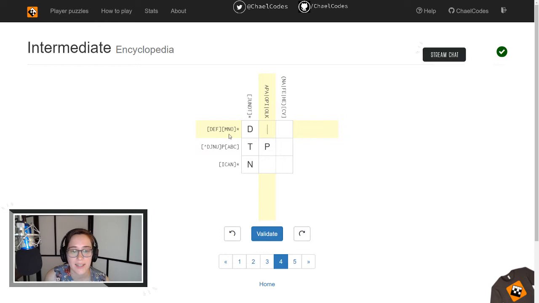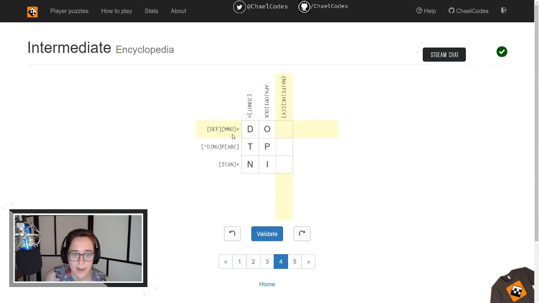So if we look at this, we're now looking at MNO. So this DEF character is done. We don't have a splat and we don't have a plus behind it, which means that we've already matched that. So now we're looking at this MNO, and the character that matches MNO and OPI is O. So we know that this one has to be I, and we can check that that matches because I is included in ICAN. Sweet.